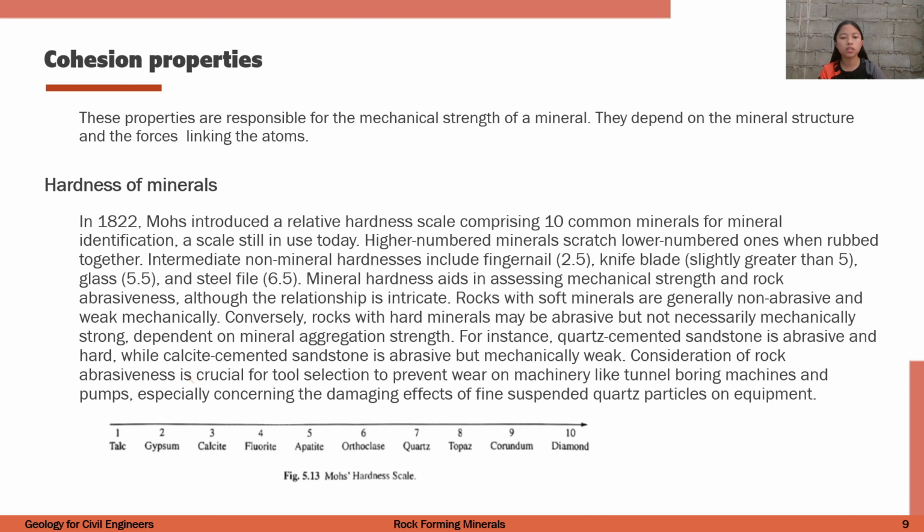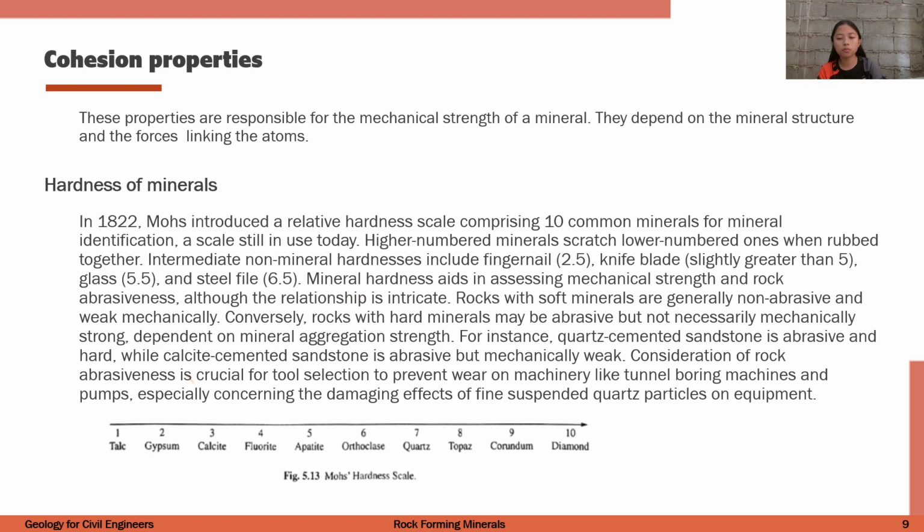Intermediate non-mineral hardnesses include fingernail 2.5, knife blade slightly greater than 5, glass 5.5, and steel file 6.5. Mineral hardness aids in assessing mechanical strength and rock abrasiveness, although the relationship is intricate. Rocks with soft minerals are generally non-abrasive and weak mechanically.